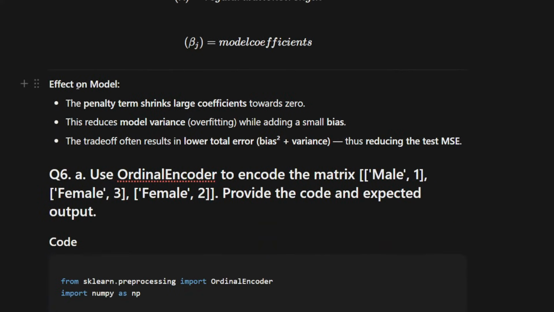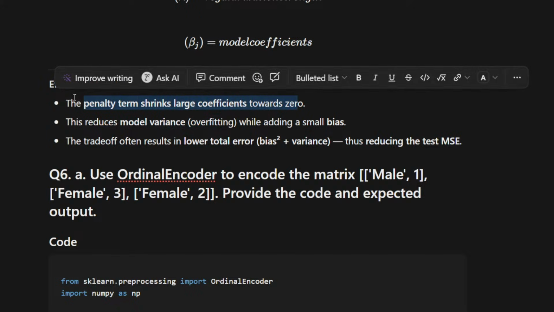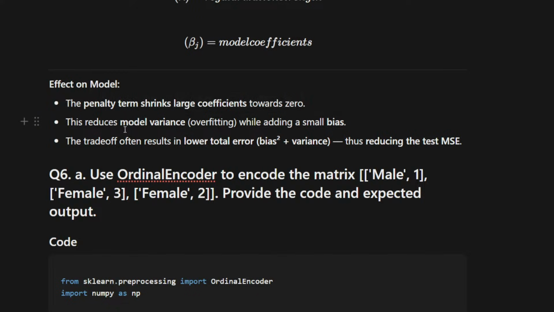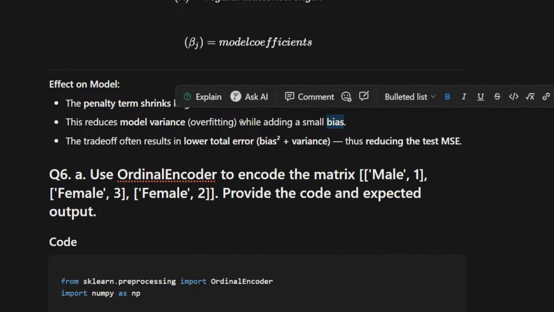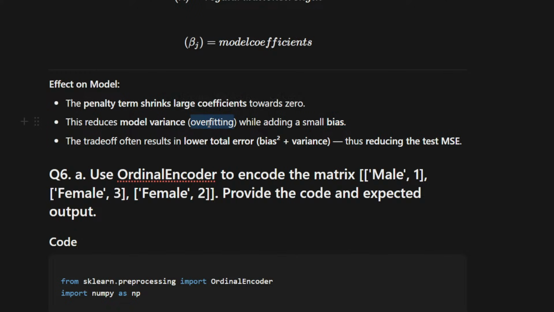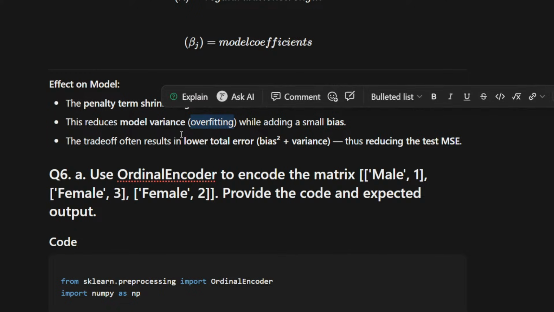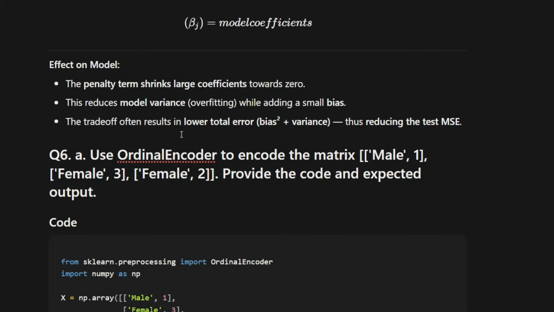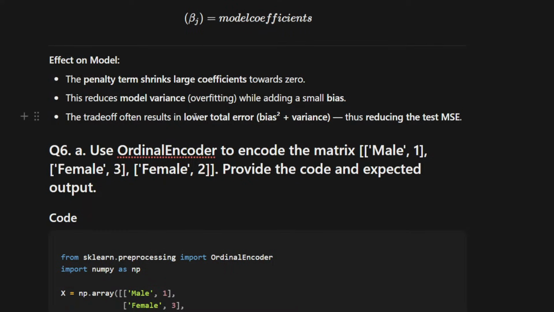And the effect on the model: the penalty term shrinks large coefficients towards 0, reduces model variance, and thereby reduces overfitting while adding a small bias. So we are increasing the bias in order to reduce overfitting. And the trade-off often results in lower total error, bias squared plus variance, thus reducing the test MSE.